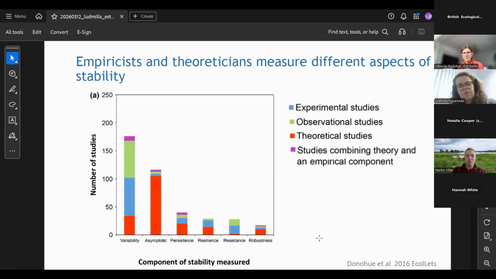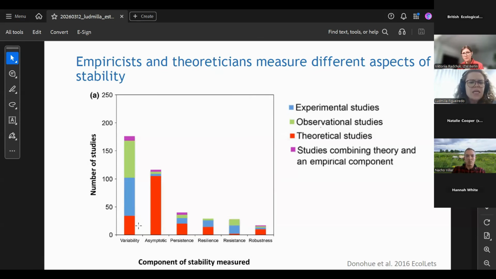Very interestingly, and also a big motivation for us was the fact that different types of studies were looking at different types of metrics. This is a very nice graph from Donohue, where you can see that experimental studies and observational studies often address variability, whereas theoretical studies not so much.